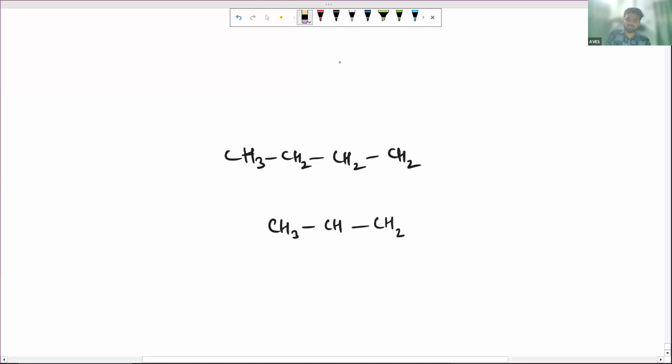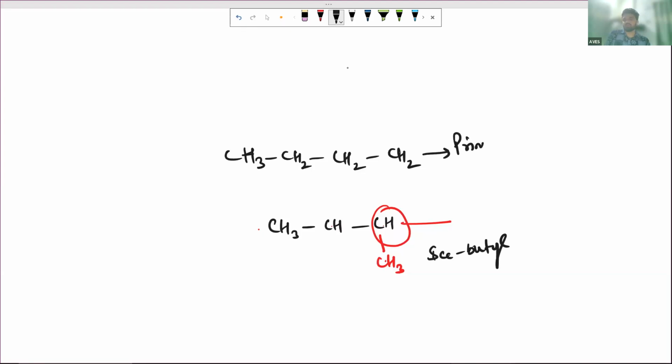If this chain is going to attach with the main chain, we will have a CH3 group here, 1, 2, 3, 4. So actually the second carbon is going to attach with this one, and there will be CH only, because it has one bond, three bond and four. So this is secondary butyl. This is primary butyl, or only butyl.